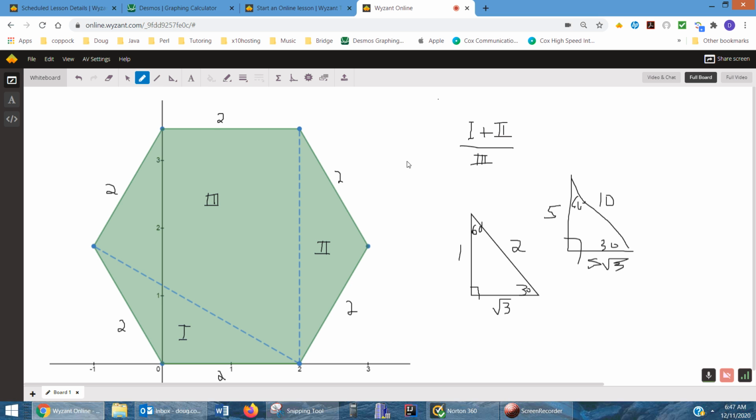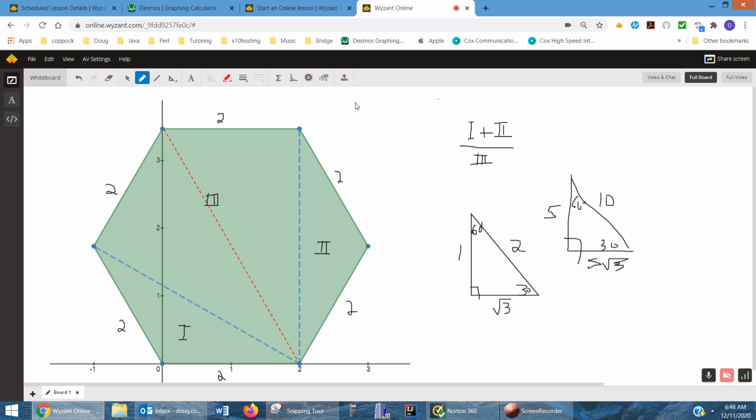The other thing that you have to know is that in a regular hexagon, if I draw yet another diagonal here, let's say this one, from the same vertex, I've actually created 1, 2, 3, 4 triangles, and the sum of the angles of each triangle is 180.